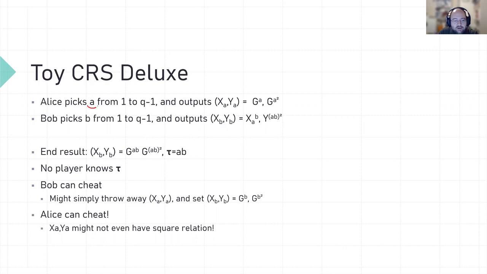Alice will pick a random number, which is A. Bob will pick B. And Alice will start by building her version of the reference string, which is g to the a and then g to the a squared, which has the structure that we require, right? So the discrete log of the second element is the square of the discrete log of the first. So this is fine. But at this point, Alice knows A, right?